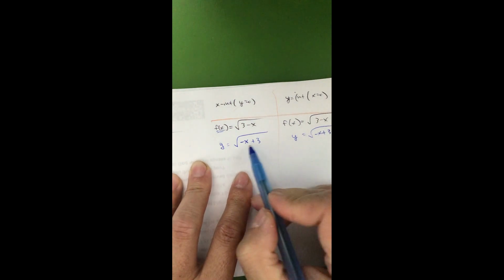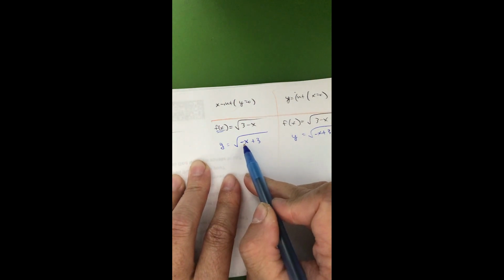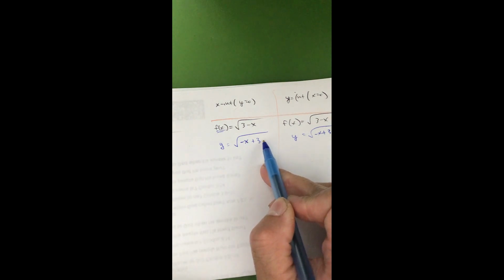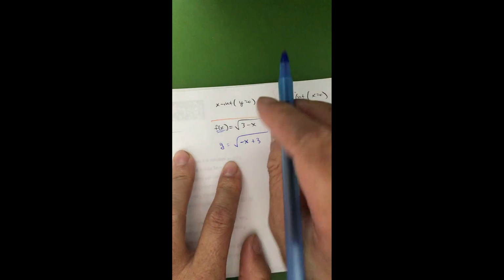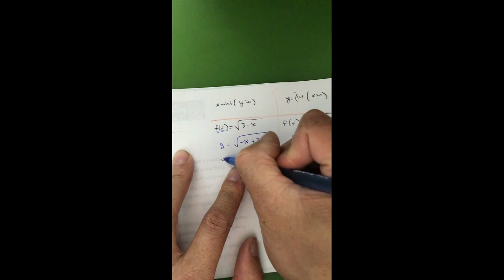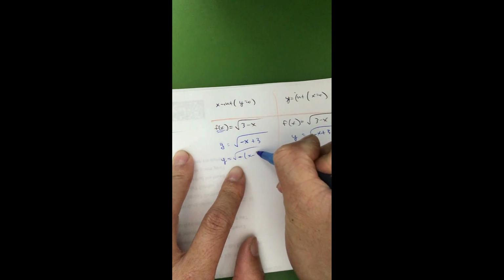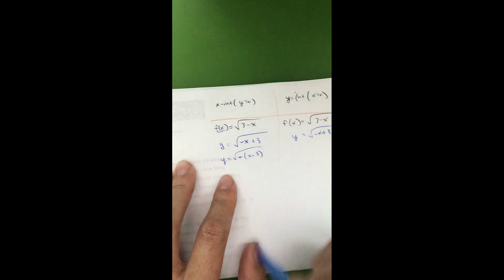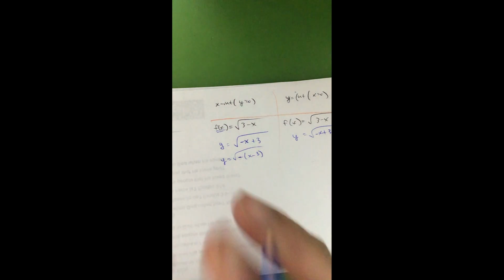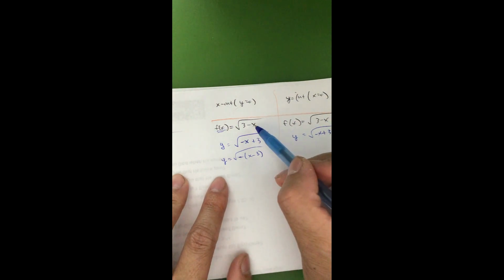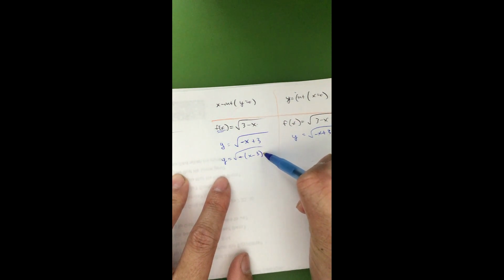And the reason why I did that is to show the negative sign, and then you have a +3 there. This is just going to be about a future lesson. If you factor out -1, you're going to have something like this. Okay? And that's just going to help you see the transformations. That's all I'm just pointing out. Okay? If you want to work with this one, you can, but you can also work with this one.